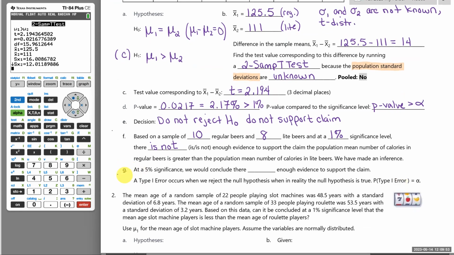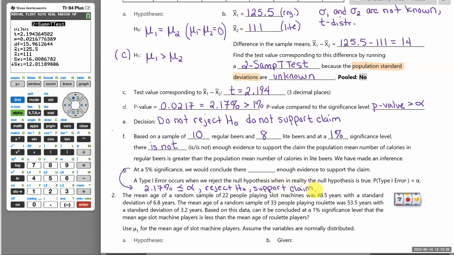So at a 5% significance level, sorry, I don't have a lot of room here, but our 2.17% will be less than or equal to that value of alpha. So 2.17% is smaller than 5%. So at a 5% significance level, our p-value is low, we would reject the null and therefore support the claim.